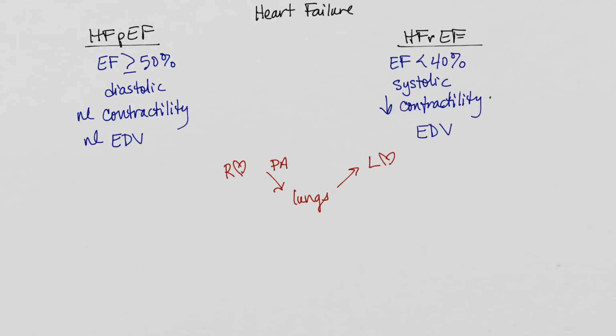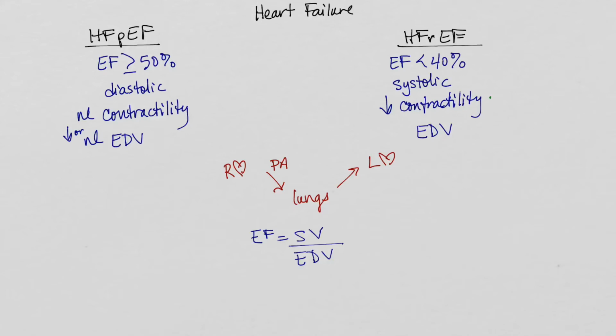Now, you can have lower volumes than normal as well in heart failure with preserved ejection fraction. So this can be low. You could have low or normal end diastolic volume. And if you remember that ejection fraction equals stroke volume over the total amount of blood at the beginning of systole in the left ventricle, which is end diastolic volume or preload, same thing.